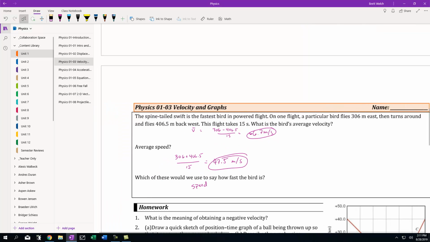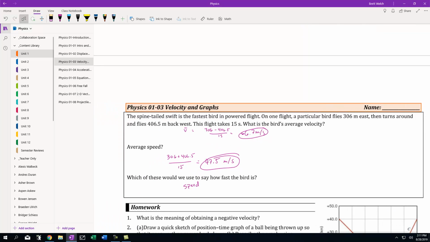All right. A really quick example of how we use velocity and how we use speed, and how they're different and they mean different things. A velocity, remember, is the displacement. If a bird travels 306 meters east, turns around and flies 406.5 meters west, the displacement, which is how we find velocity, is really the difference between those two. So you take 306 and you'd actually subtract the 406.5.